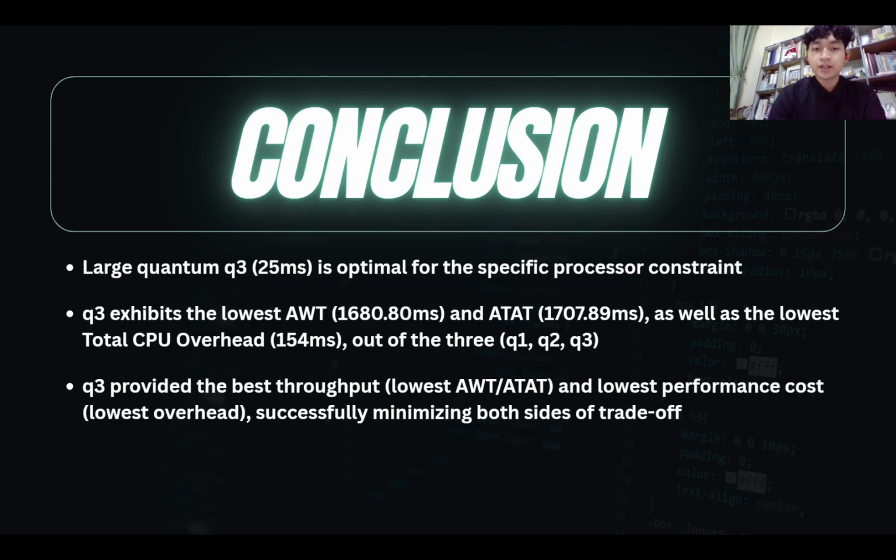The reason is that Q3 has the lowest average waiting time with the value of 1680.80 milliseconds, the lowest average turnaround time with the value of 1707.89 milliseconds, and total CPU overhead with a value of 154 milliseconds out of the three quantums used. It provided the best throughput as well as the lowest performance cost, successfully minimizing both sides of the trade-off.